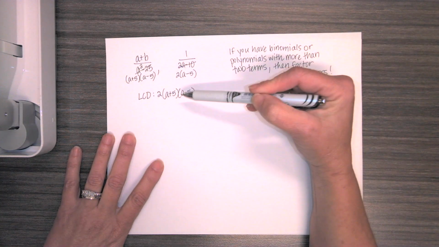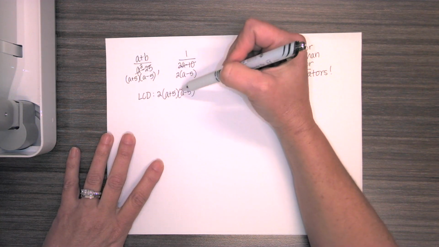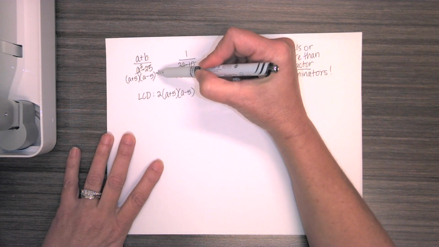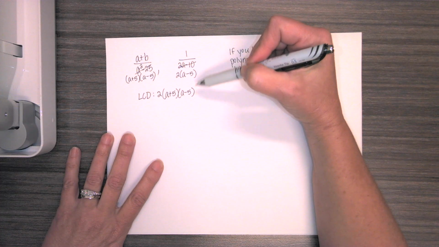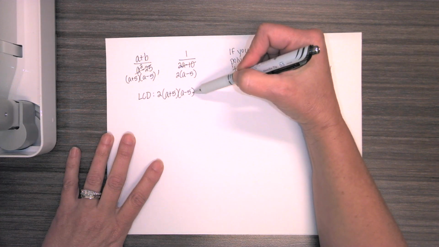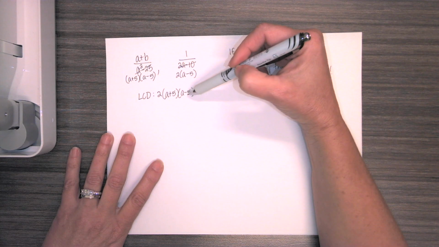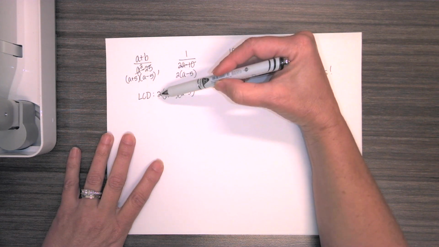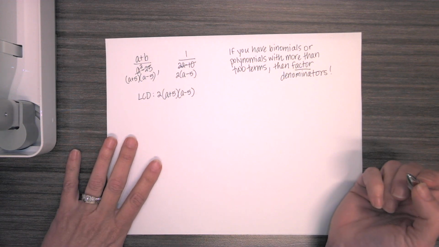We only put one a minus 5 in the common denominator because that's the highest power of a minus 5 that we see. We have an a minus 5 to the first power here and an a minus 5 to the first power here. So the highest power of a minus 5 that we see is a minus 5 to the first power. So we only need one in the common denominator, same with a plus 5 and same with the 2. So this whole thing will be our common denominator there.